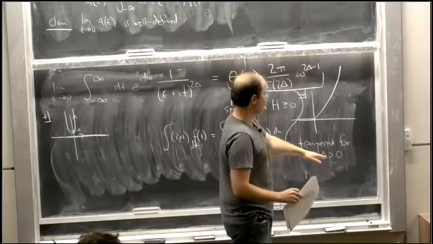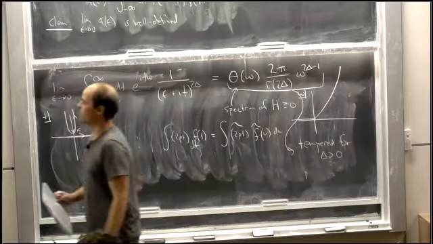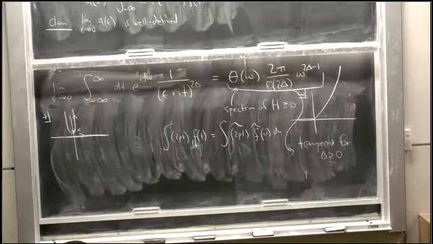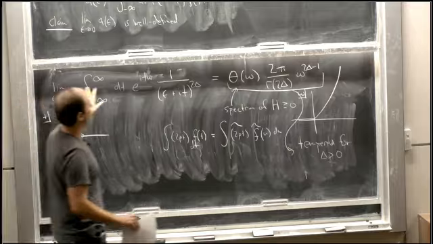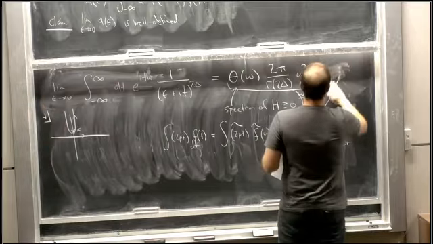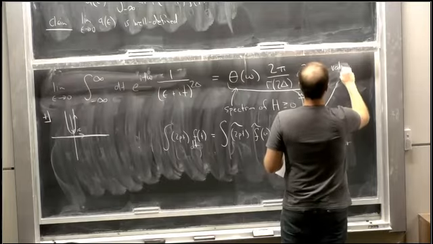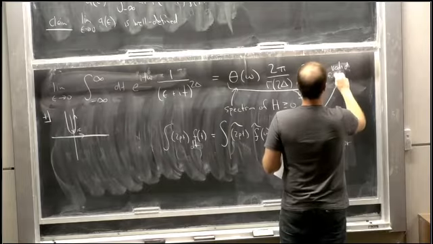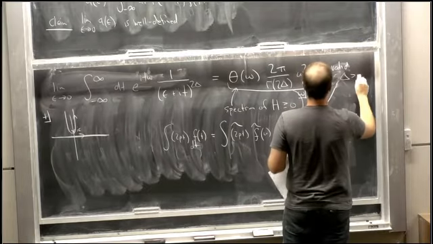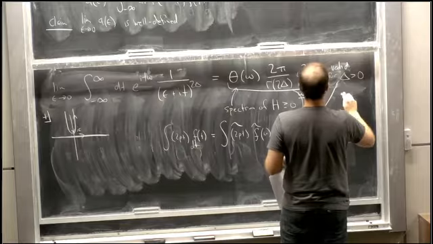So if delta is less than 0, you should look at it in position space. In position space, if delta is less than 0, then, again, you clearly get a tempered distribution, right? Because it's not infinite at t equals 0. Okay? So the calculation that I did here was only valid for delta bigger than 0.